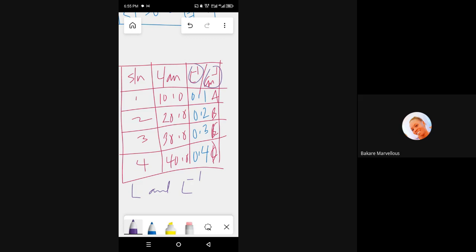So what's the inverse of 10? 0.1. What's the inverse of 20? 0.2. Inverse of 20 means 1 over 20. So what's 1 over 20?